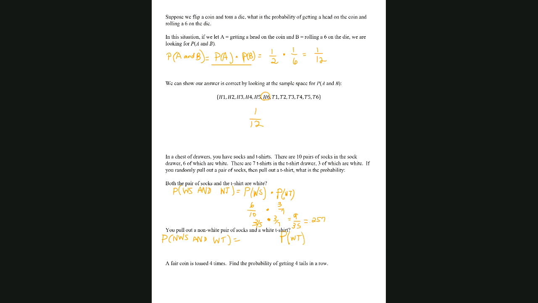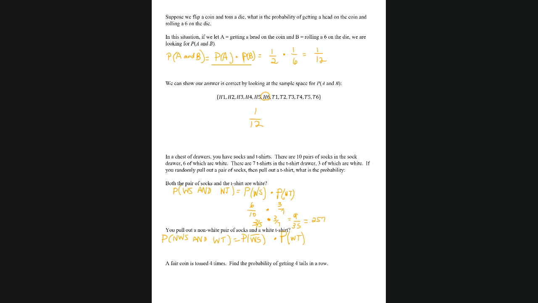But here, how do I find the probability of not a white sock? Well, not a white sock is the complement of pulling out white socks. So really, I already know the probability of pulling out white socks. So what I need to find is the probability of the complement of white socks. Okay?